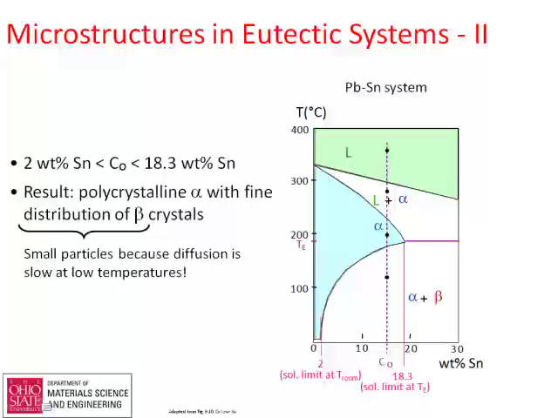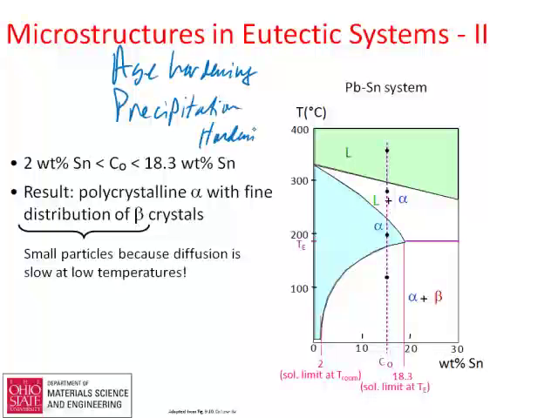So now let's consider something a little bit more interesting, and this is a really important thing. If you've ever heard about age hardening or precipitation hardening, this is the way that aircraft aluminum alloys work.